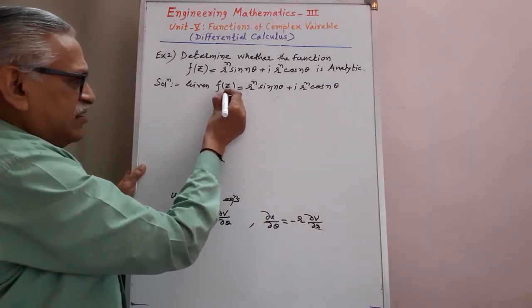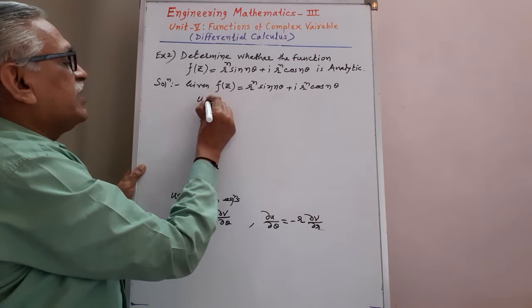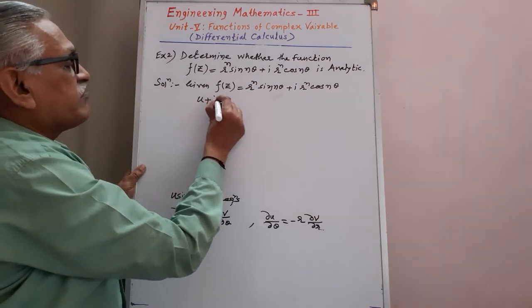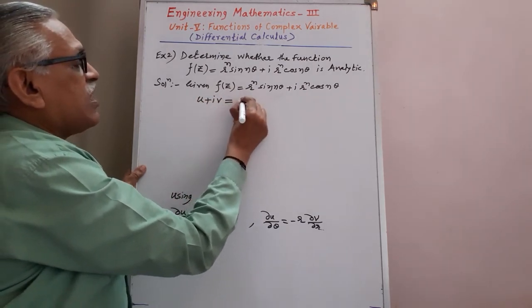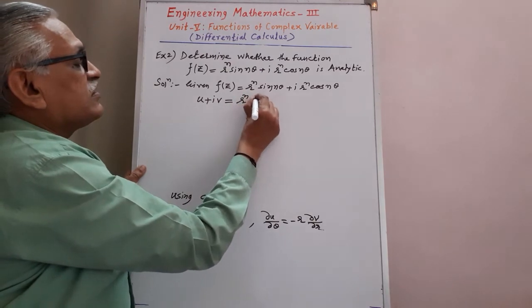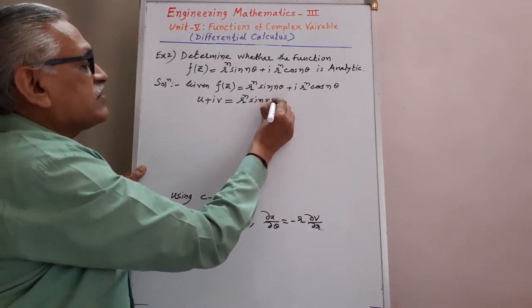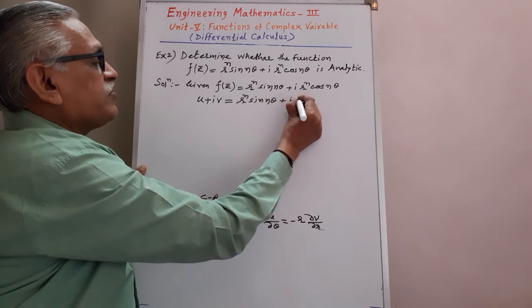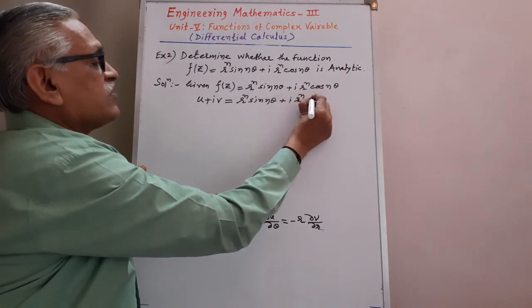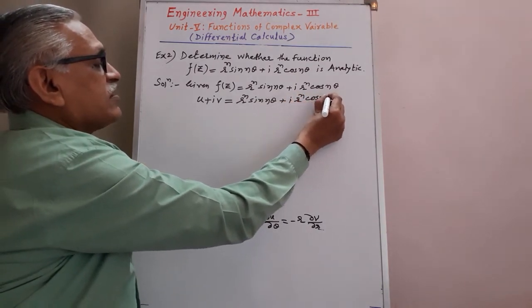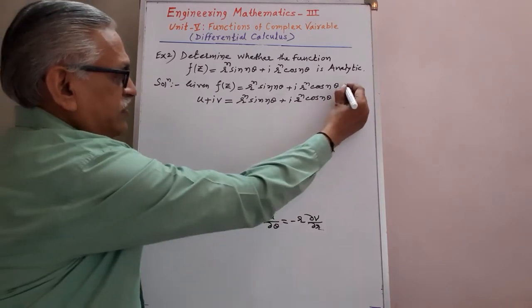Again, replacing f of z by its general form u plus iv is equals to r raised to n sine of n theta plus I times r raised to n cos of n theta. We call this as equation 1.